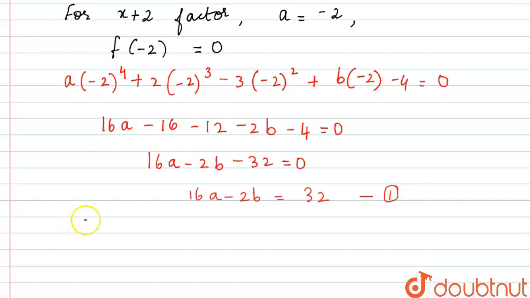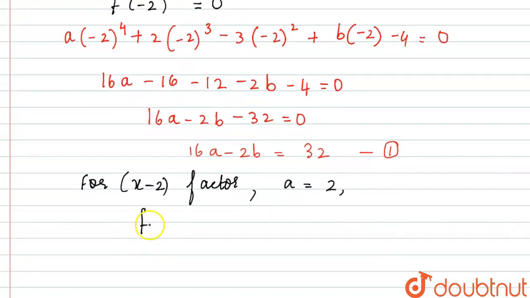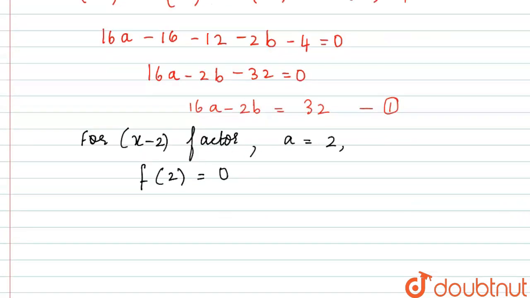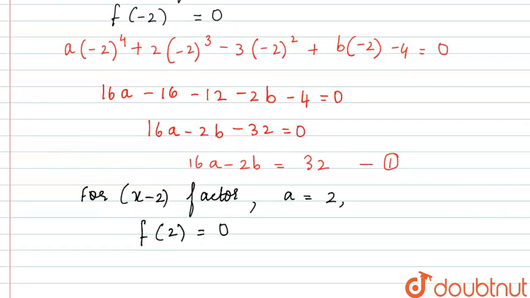So now for the x minus 2 factor, a will be equal to 2. So now we can write f of 2 is equal to 0. Now in place of x, we'll substitute 2 in f of x.